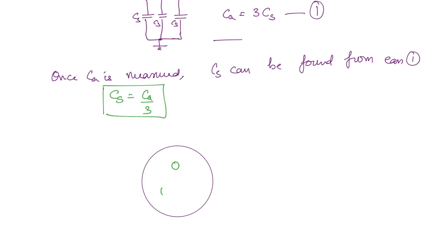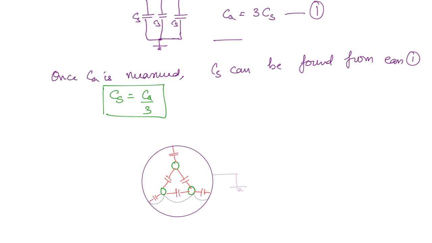So here once again we will draw all the capacitances. This time we are going to connect two cores together, and these two cores we are going to connect to the metallic sheath. So that means there will be another connection here. Now you have to find out the capacitance between the other conductor which is not connected and the ground.